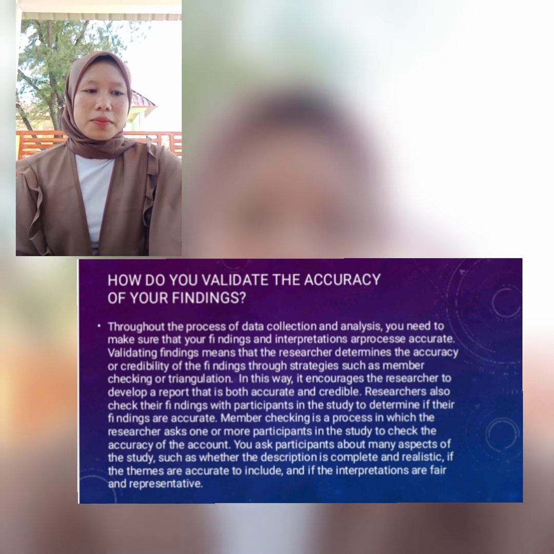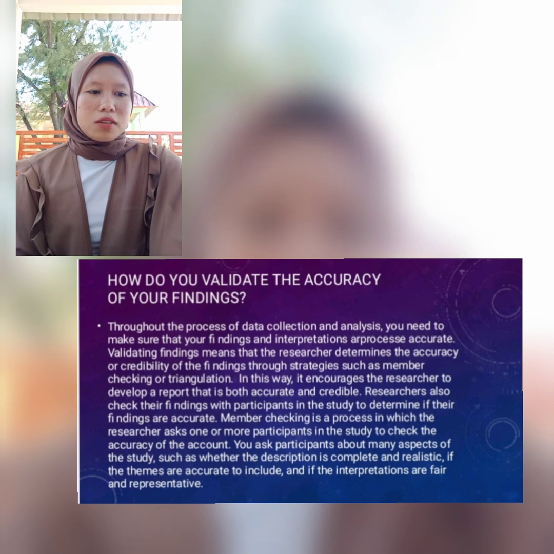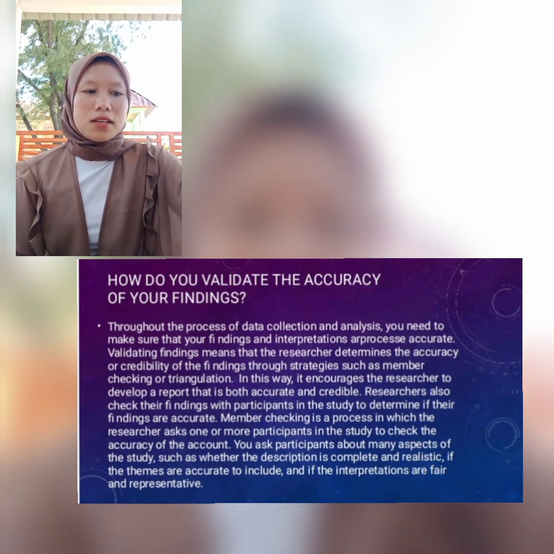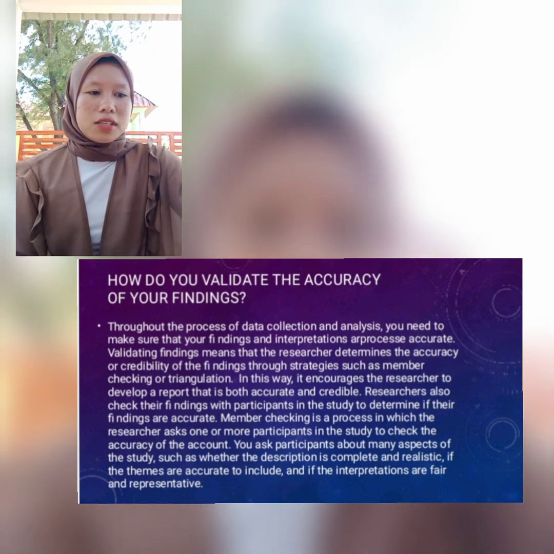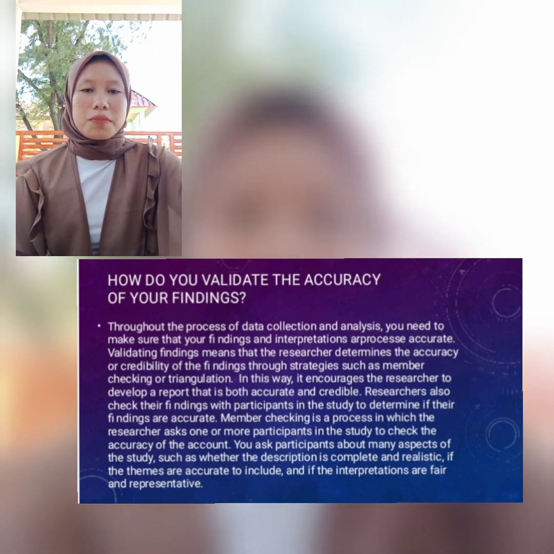You ask participants about many aspects of the study, such as whether the description is complete and realistic, if the themes are accurate to include, and if interpretations are fair and representative.